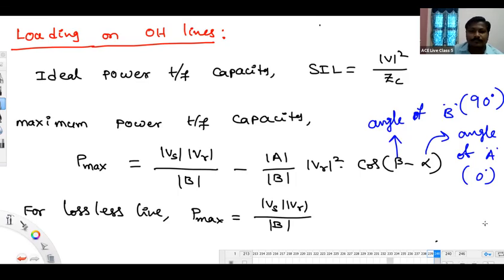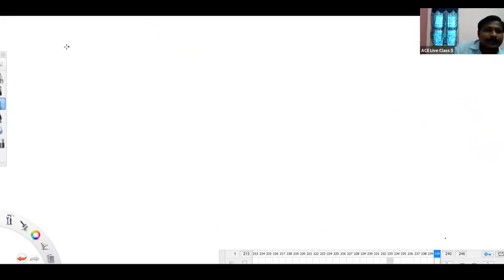Anybody? What is the formula for B of a lossless line? That is ZC sin beta L. From the long transmission line, parameter B is jZC sin beta L.